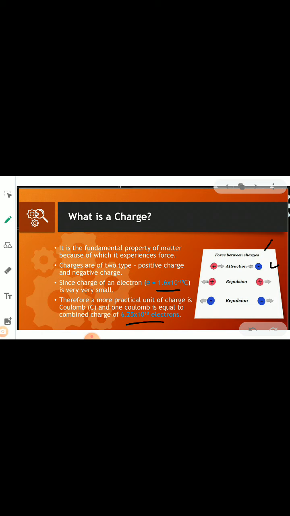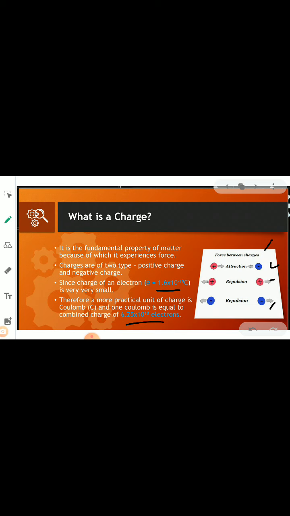In the same way, between like charges, there is a force of repulsion. You can see here that between a positive charge and a positive charge, there is repulsion. In the same way, between a negative charge and a negative charge, there is a force of repulsion.